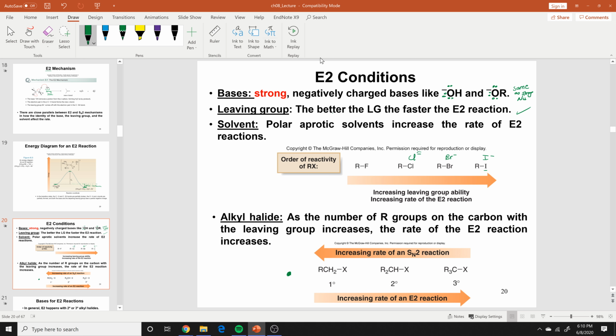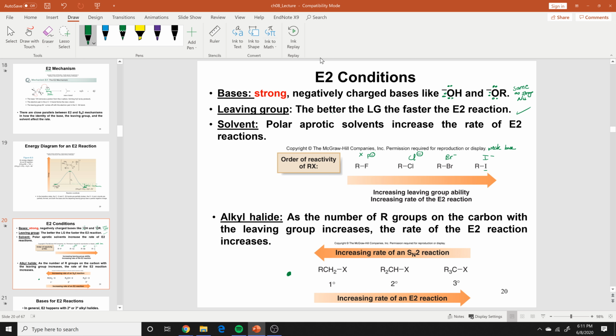Then you do have F-. F- is a stronger base than Cl-, than Br-, than I-. This is why F- is a bad leaving group, because it is a stronger base compared to all of those. I- is the weak base, and since it's the conjugate base of a strong acid, I- is going to be the best leaving group.